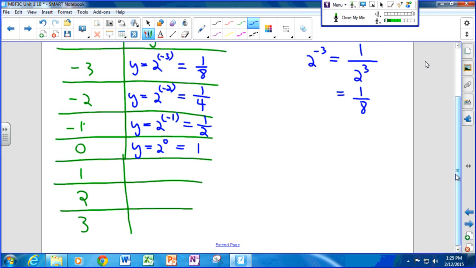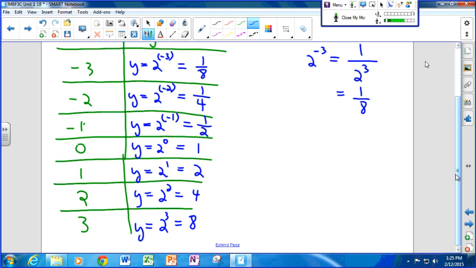Okay, let's try the next one then. So y equals 2 to the power 1, which is just 2. Y equals 2 to the power 2, this is going to be a little easier. And then y equals 2 to the power 3, which is just 8. Notice there's an interesting symmetry here.